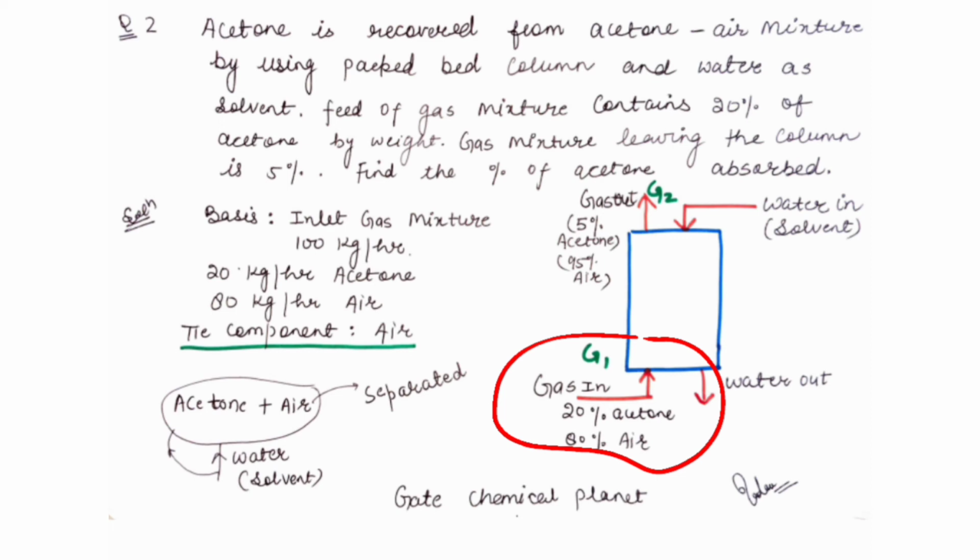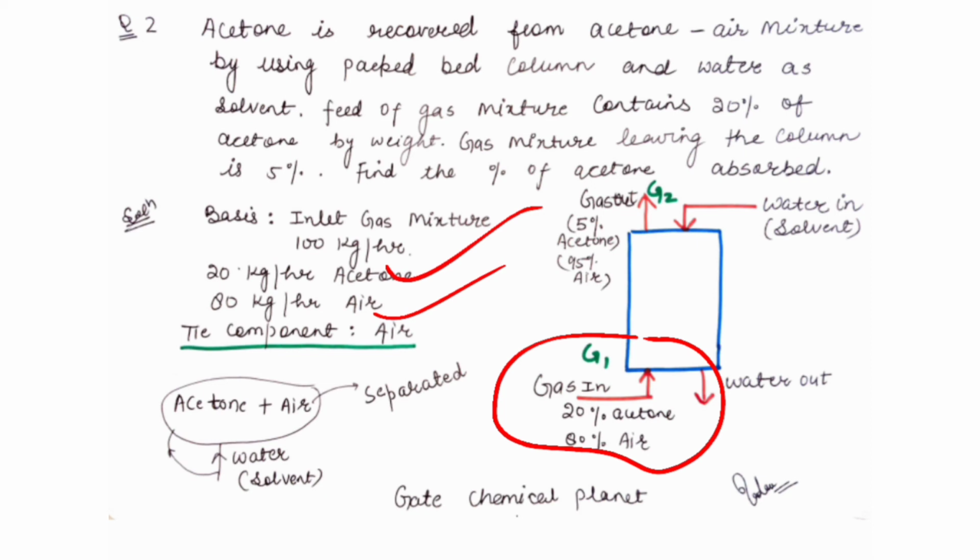If 20% is acetone, then quite obviously 80% will be air. So here 20 kilograms per hour of acetone and 80 kilograms per hour of air. In the outlet stream, in the out gas, acetone is 5%, then 95% is air.